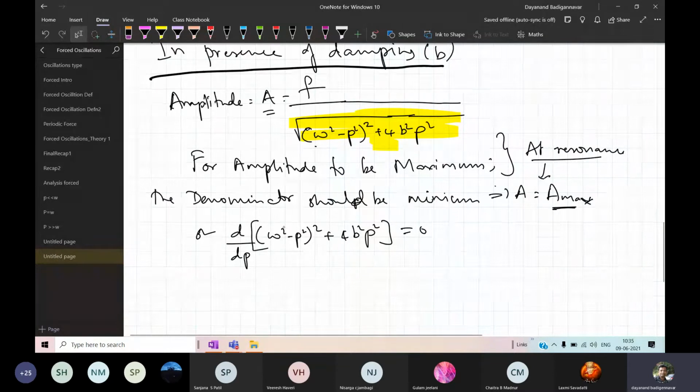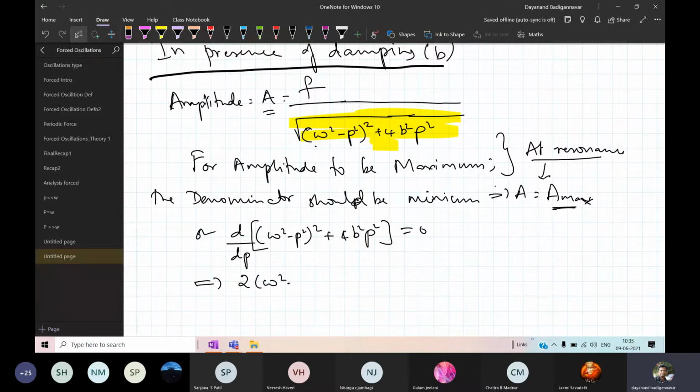If I do the differentiation with respect to p, then I get 2 into (omega square minus p square) whole square. Differentiation of the first term is over, but inside the first term, it is omega square minus p square.